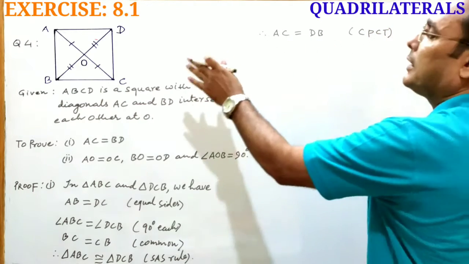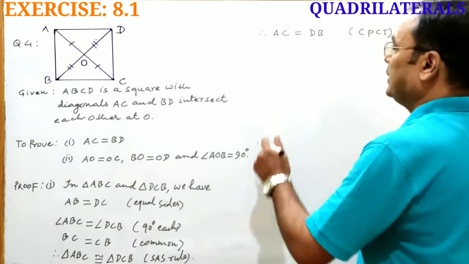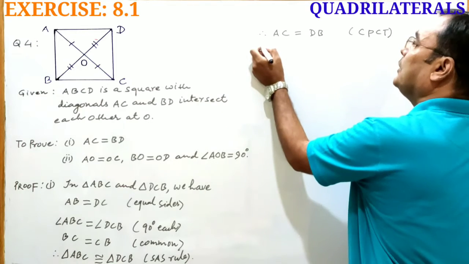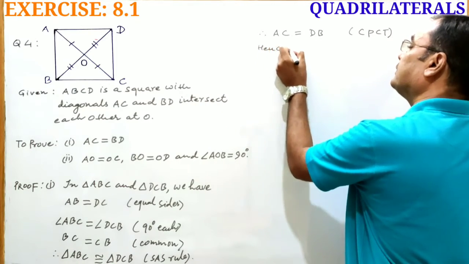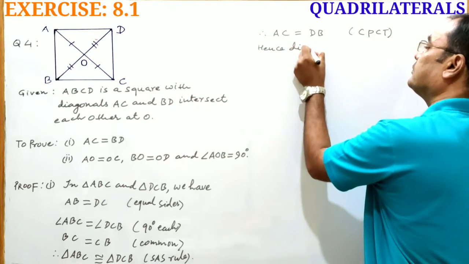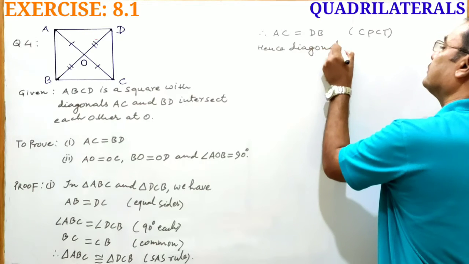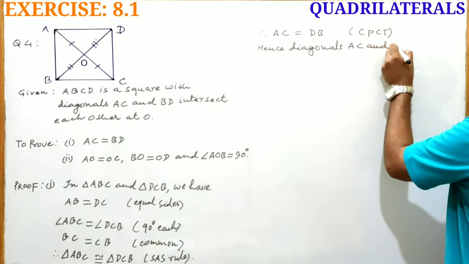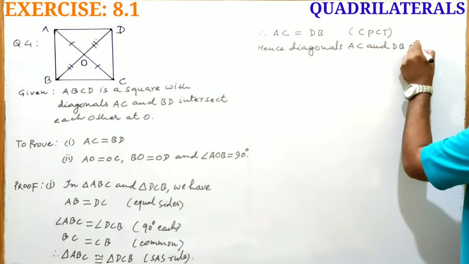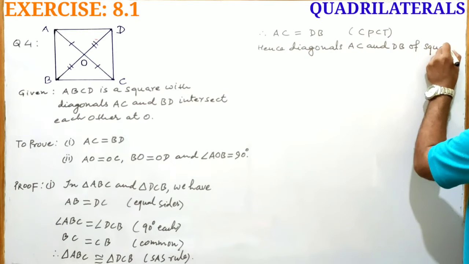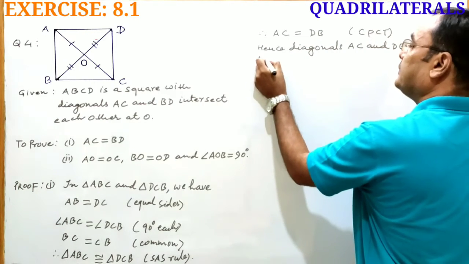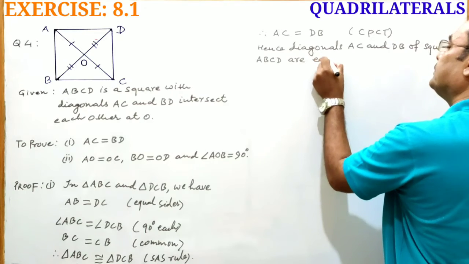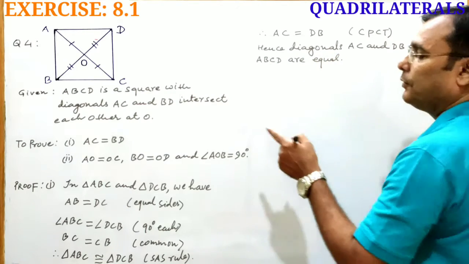AC and DB are diagonals of square ABCD. So AC equal to DB proves that diagonals of square ABCD are equal. So hence diagonals AC and DB of square ABCD are equal, and this proves the first part.